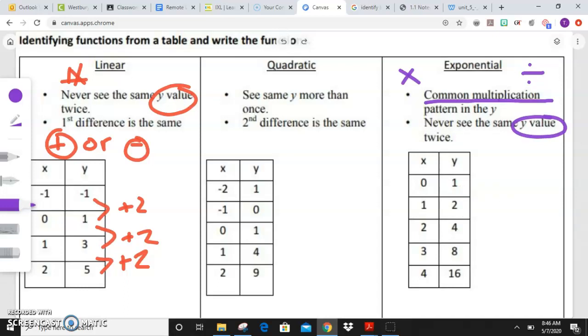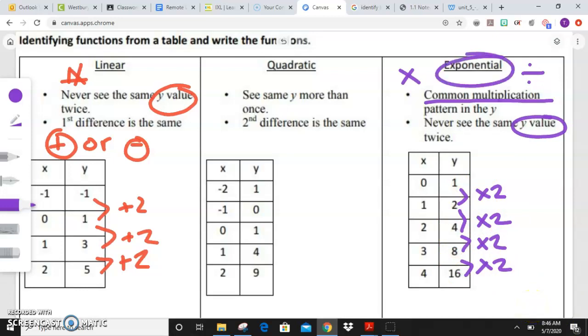Now I try multiplication. 1 times 2 is 2. 2 times 2 is 4. 4 times 2 is 8. And 8 times 2 is 16. So now we see the same pattern, the same thing happening every time, except we're multiplying. That is what we would call exponential.